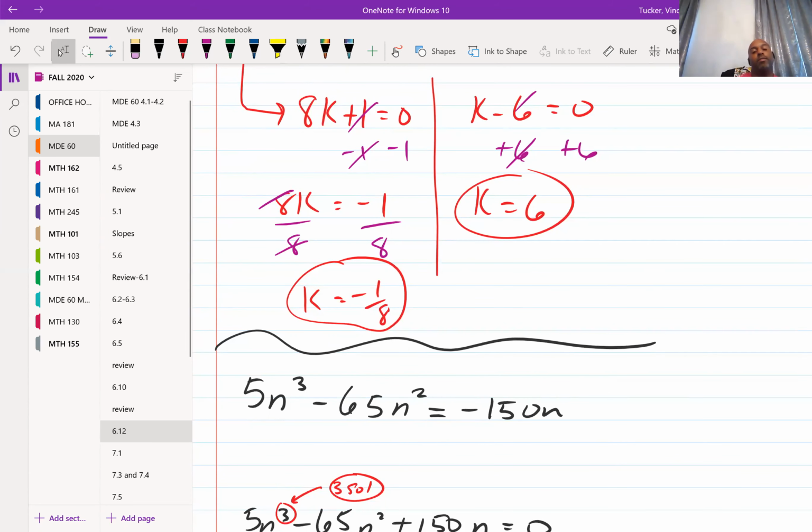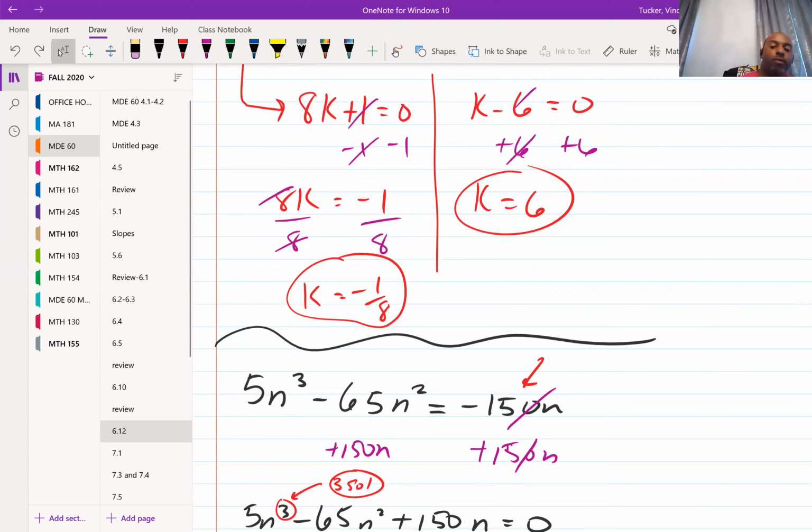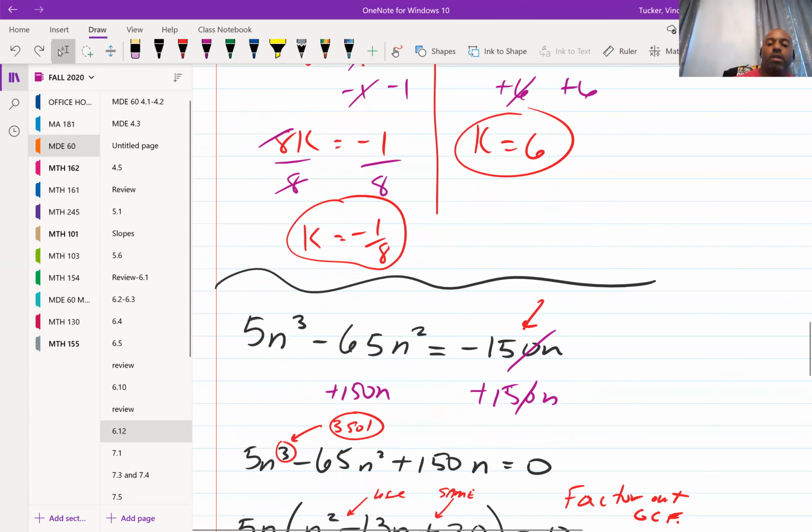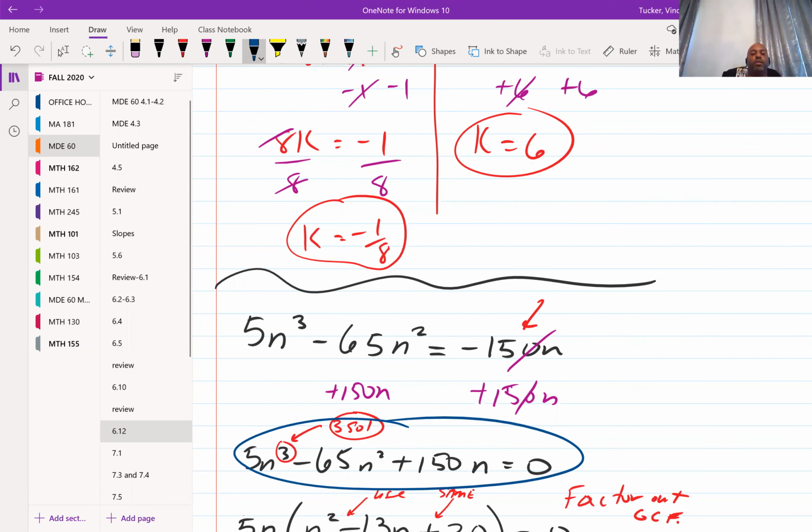So once again, we don't have one side equal to 0 yet, so we want to do that. And we can add 150n to both sides. And that gives us 5n cubed minus 65n squared plus 150n equal to 0.